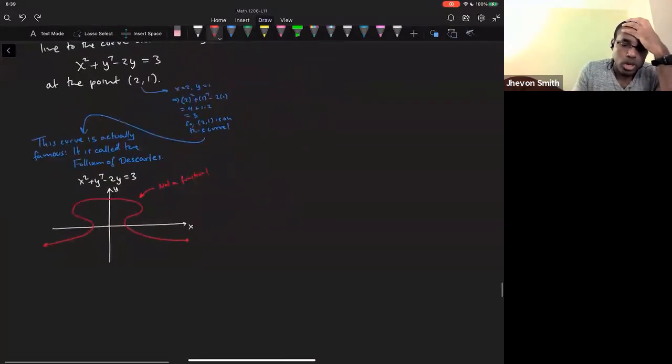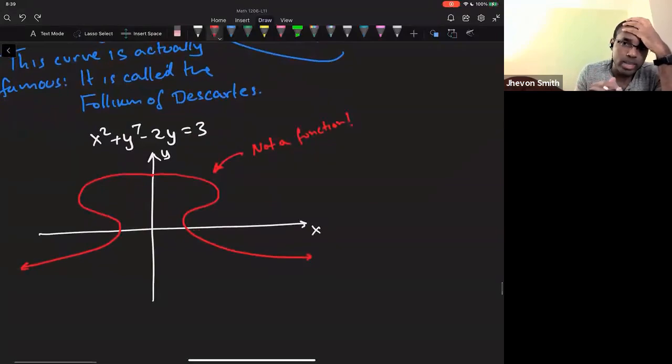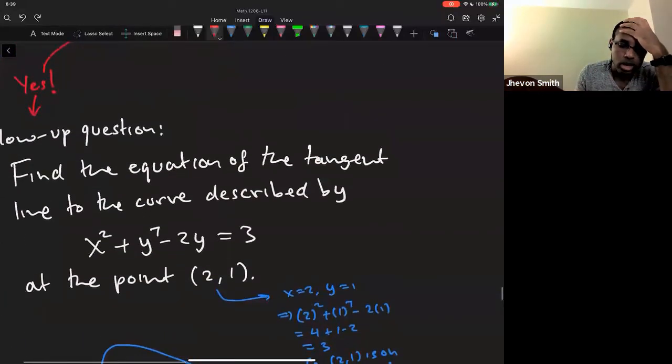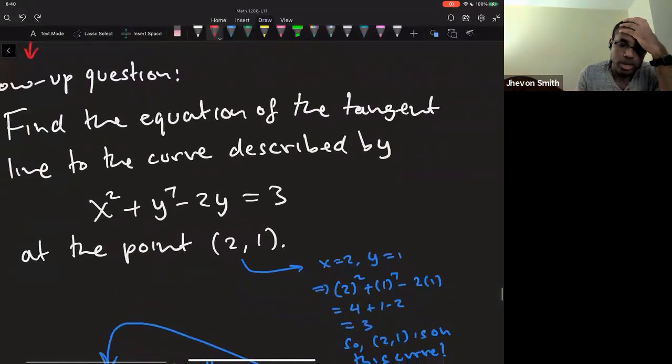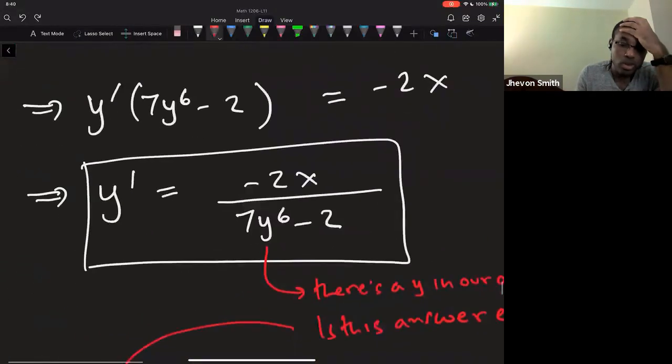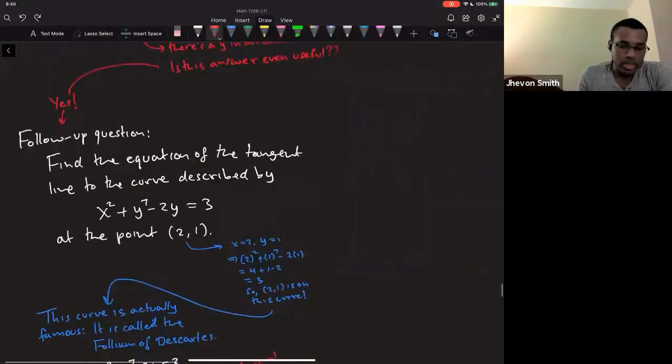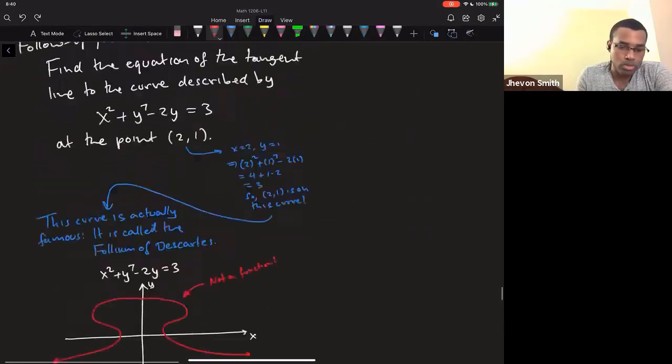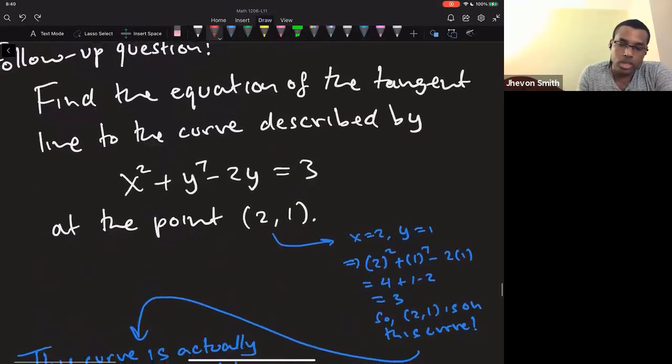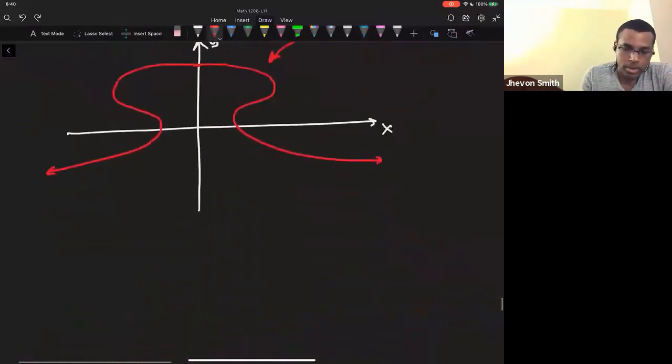So now we can't really write this down as y equals f of x, but I can know what coordinates are on it, and I can know what the derivative is. And so you might say, well, how would that be useful? So this question is going to help us see how it would be useful. Find the equation of a tangent line to this curve at this point.